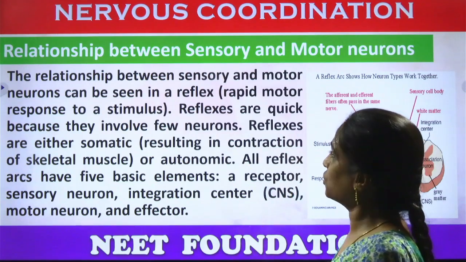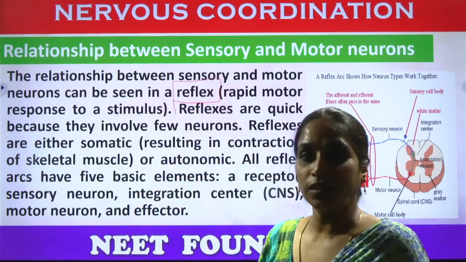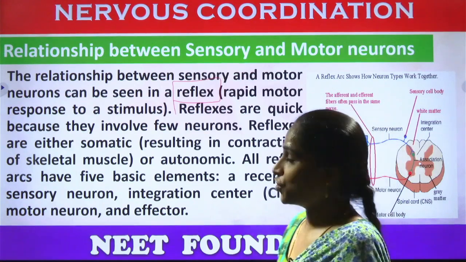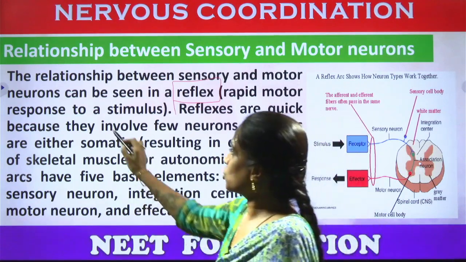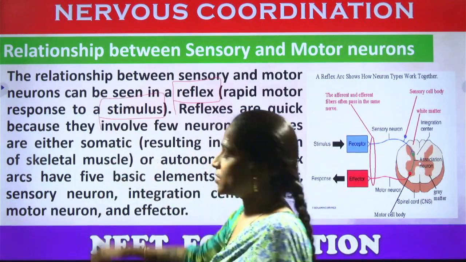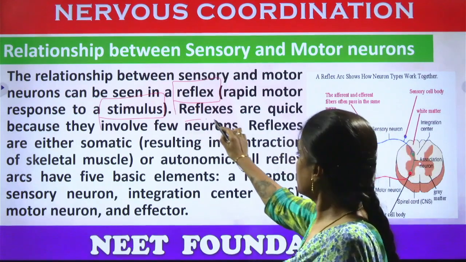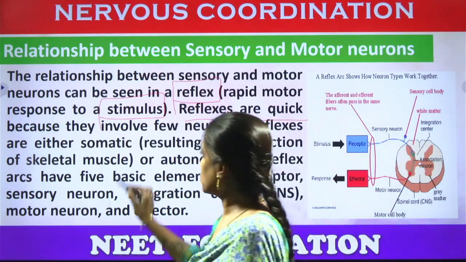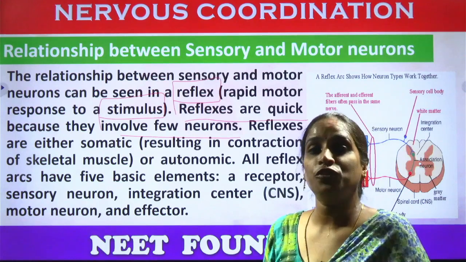Okay, so there is an interrelation between the sensory neuron and the motor neuron. So here the relationship is nothing but the reflex arc. The relationship between sensory and motor neurons can be seen in a reflex, a rapid motor response to a particular stimulus, either external or internal. Reflexes are quick responses because they involve very few neurons. Why do they involve very few neurons?